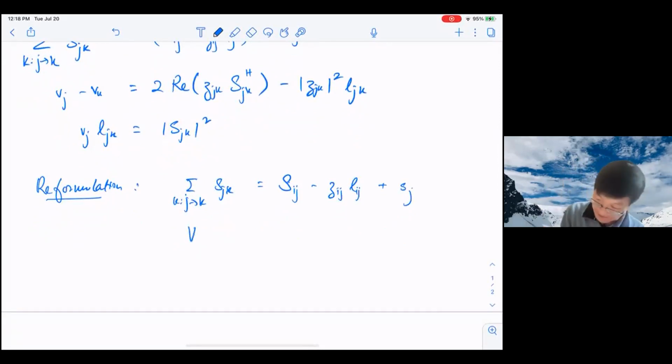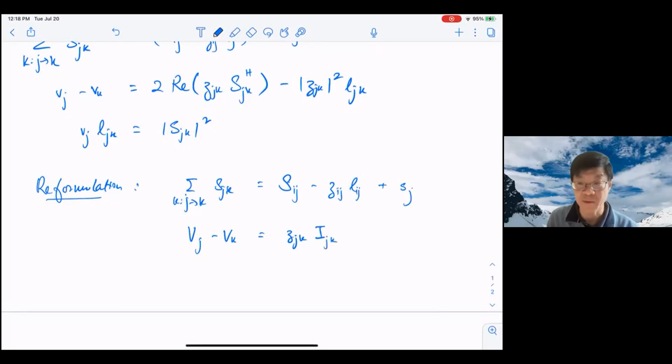It's basically Ohm's law, Vj minus Vk equals Zjk Ijk, right? So the important difference between these two equivalent models is that phase angle information on the voltages and currents, the branch currents, is included in the variables of the reformulated model.